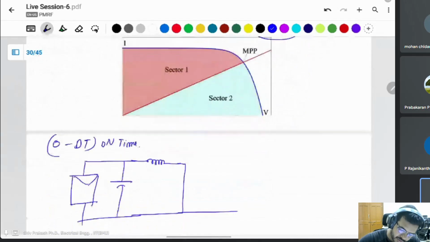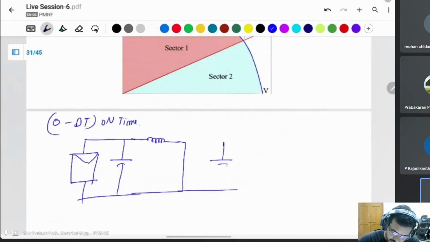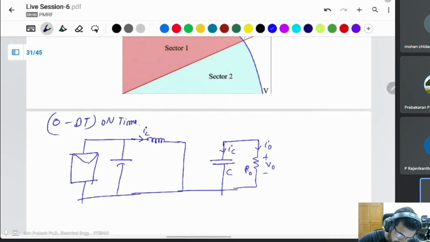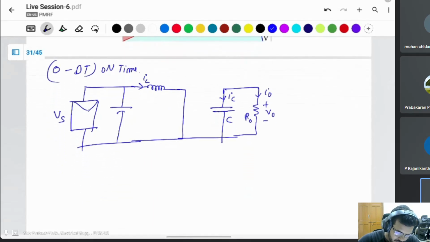This will be the output, with C, this will be Io, the capacitor current IC, inductor current IL, and Vs. Then what is VL? When the switch is on, VL is the same as Vs.